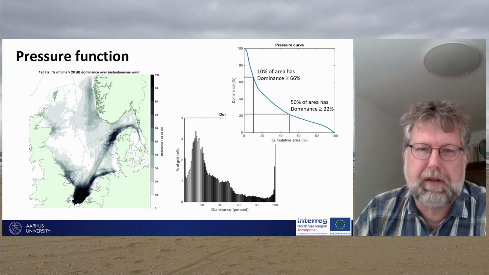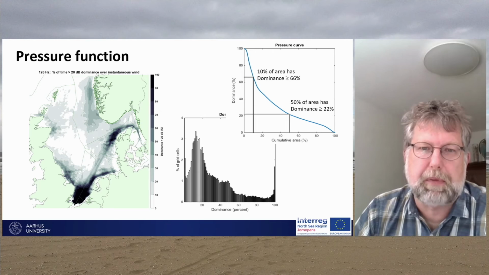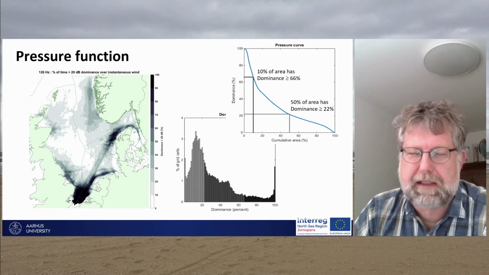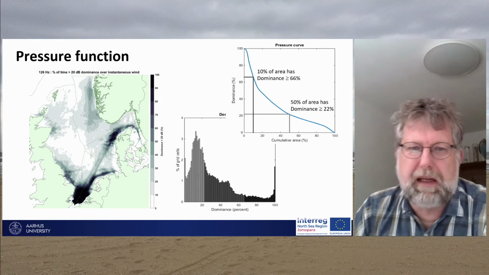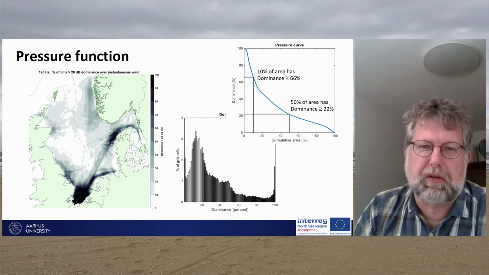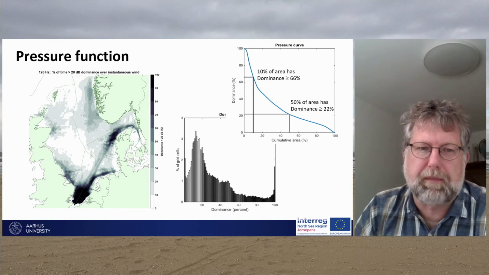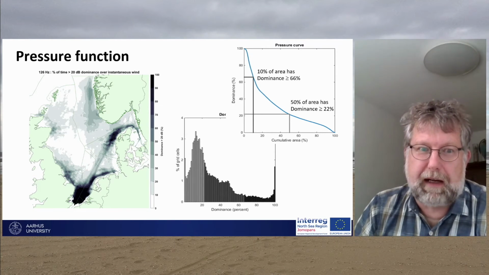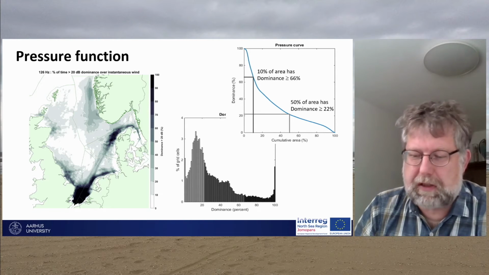And then there are some areas, 10% of the area, that has a high dominance above 66%. So that's a way you can use this pressure function to analyze the overall conditions in the North Sea.